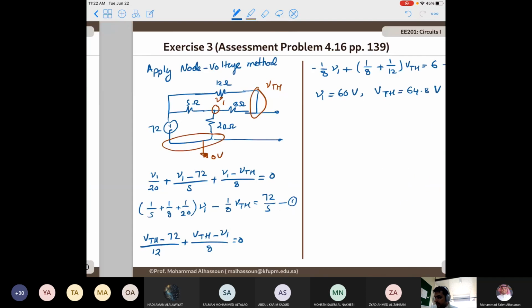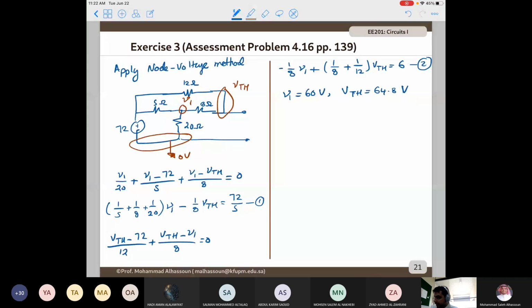The second thing is I need to find R Thevenin. To find R Thevenin, I can find a short circuit. I can connect these A and B together and find the I short circuit. Or since I have independent sources, I can simply deactivate the sources and find the equivalent resistance between A and B. I will use the second approach because it's easier and faster.